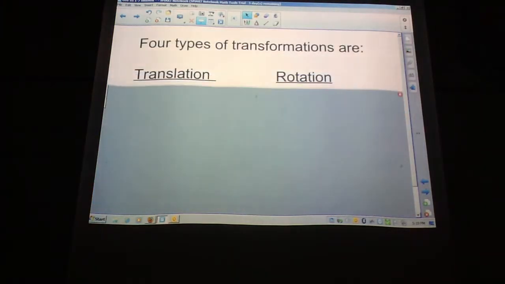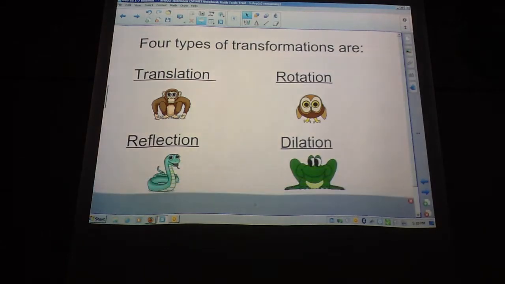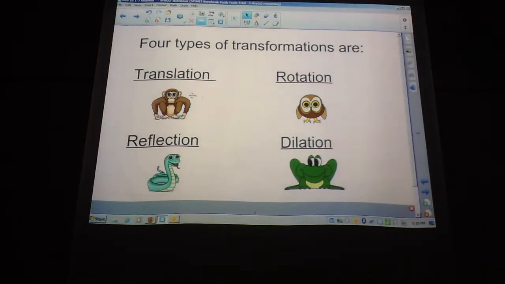Alright, I think I've got some more examples of those on this page. If I click on the little monkey, it slides over. So if I'm sliding it anywhere in the coordinate plane or on the paper, not turning it, not flipping it over, not making it bigger or smaller, if I'm just sliding it, it's a translation.